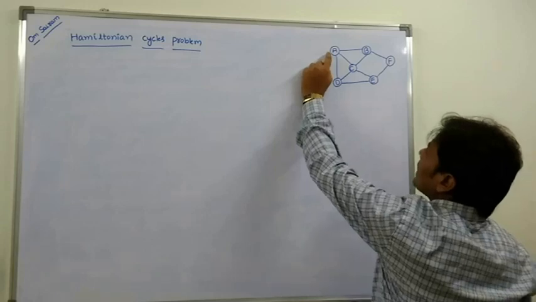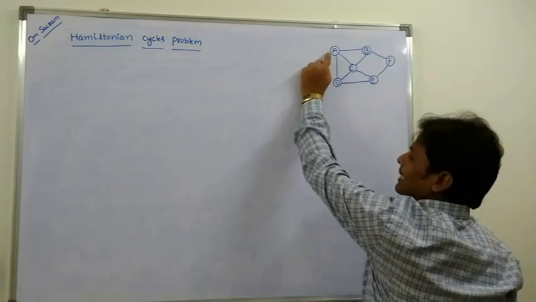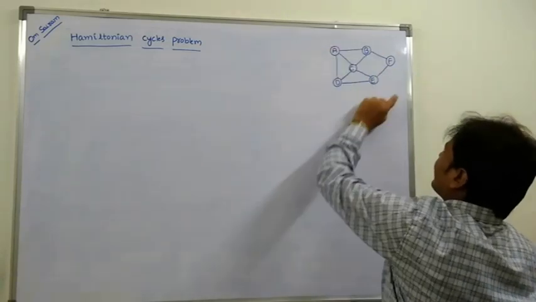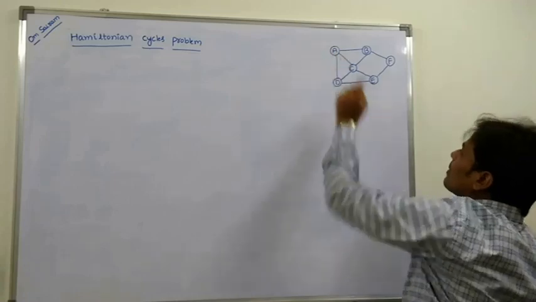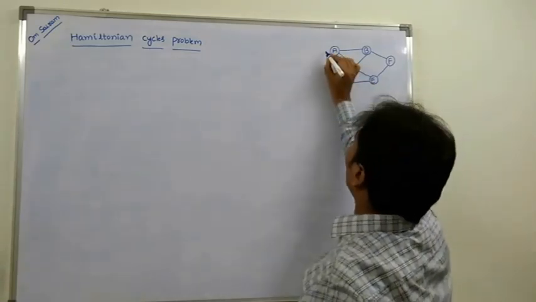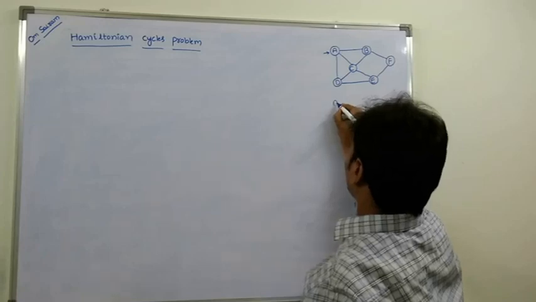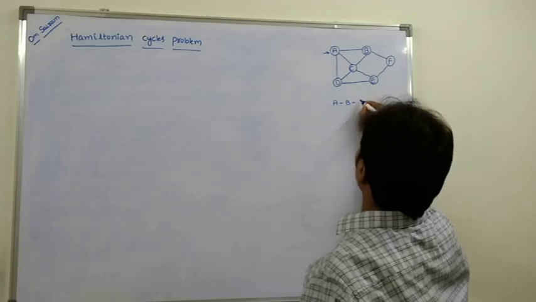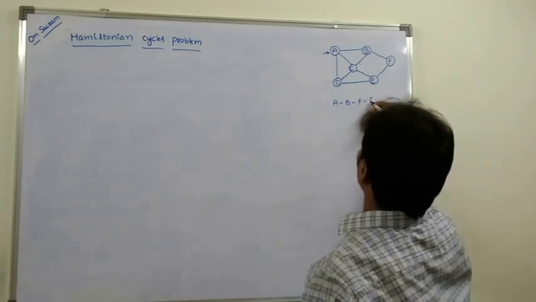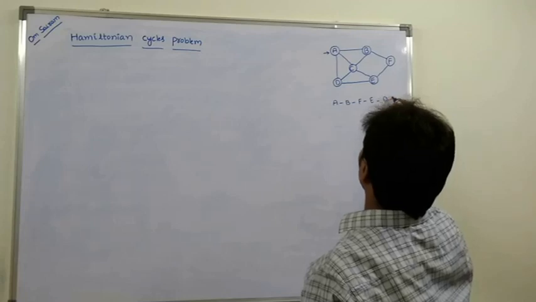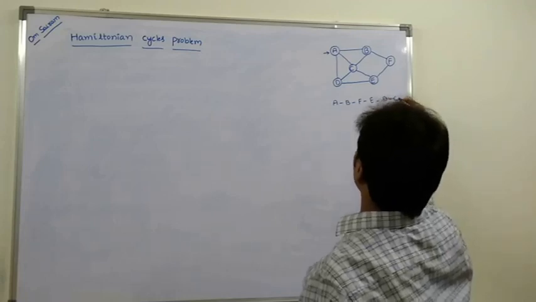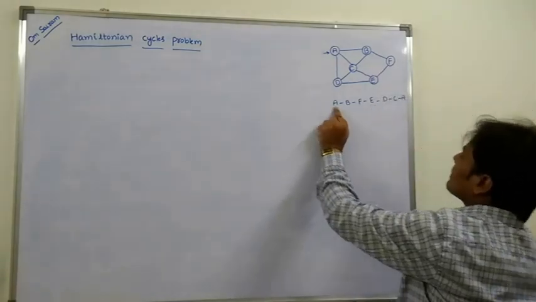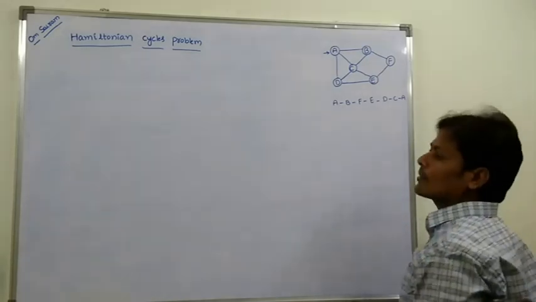The Hamiltonian cycle starts with vertex A, visits all the vertices exactly once, and returns to the starting vertex. For example, we start with vertex A and go to vertex B, next go to vertex F, next go to vertex E, next go to vertex D, next go to vertex C, next go to vertex A. So here the starting vertex and ending vertex are both the same.